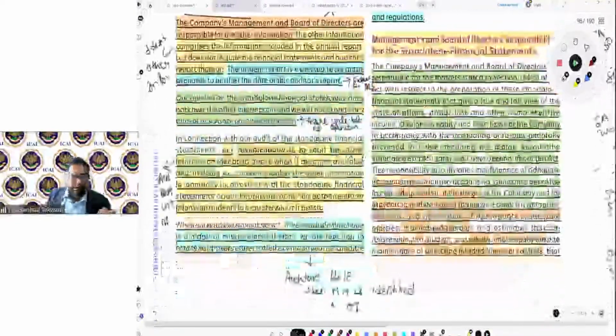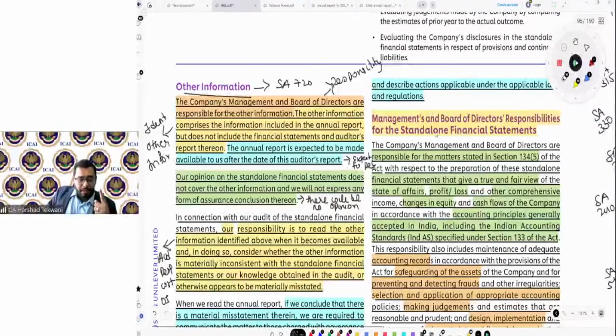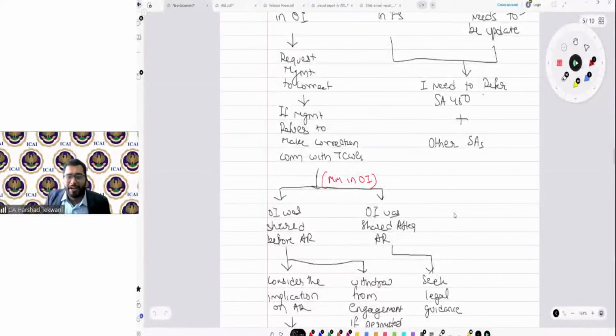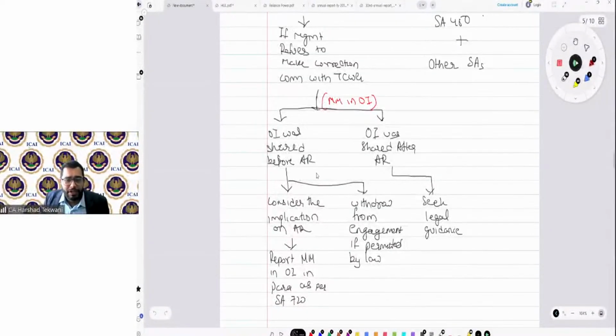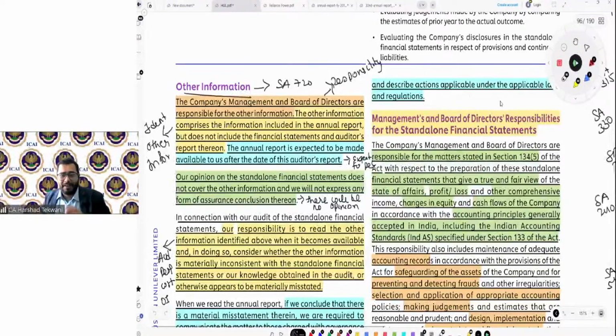They will communicate with those charged with governance and describe the actions applicable under the applicable laws and regulations. It means their responsibility is to communicate, and if it is still not rectified after communicating, then depending on which category it falls under, they will take the action accordingly. So it is written that they will describe the action as per the applicable laws and regulations.